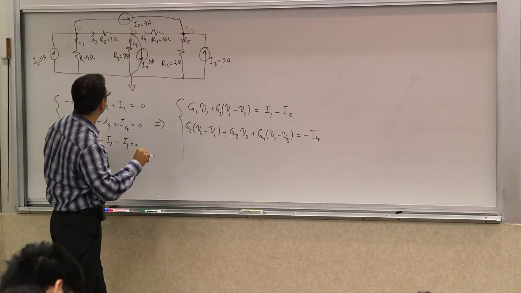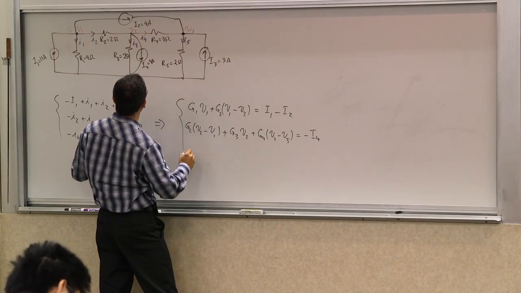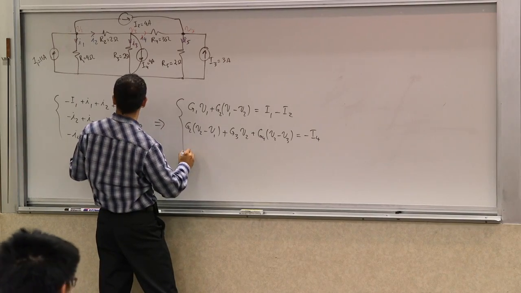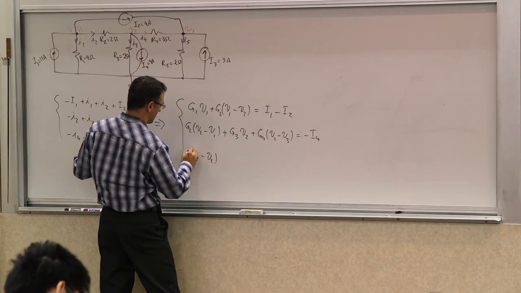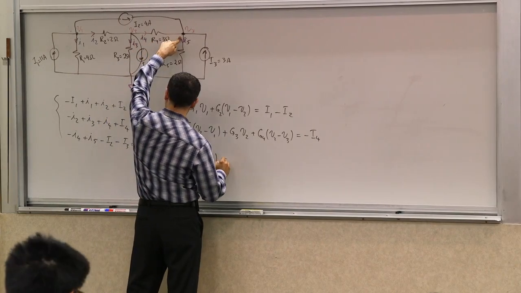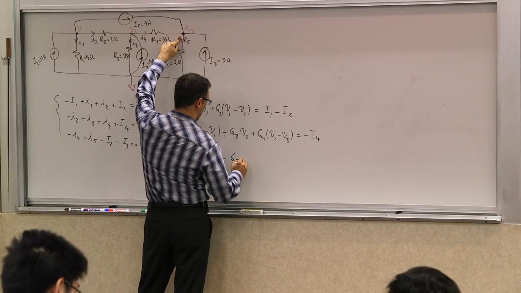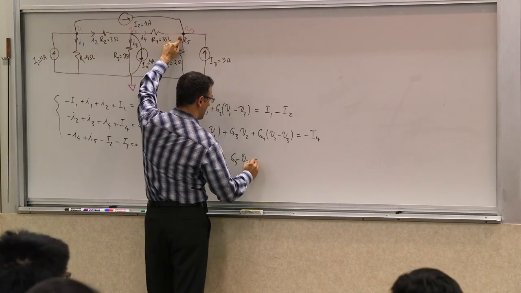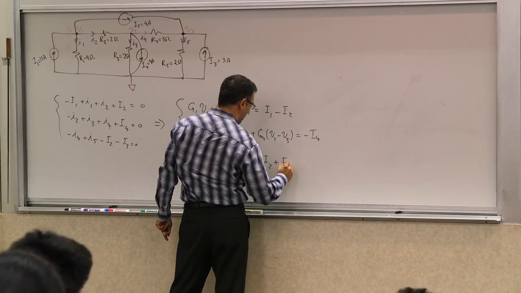Now, how about this one? Negative I4, right? Negative I4 is V3 minus V2 times G4, plus G5 V3 equals, I move these to the other side, I2 plus I3.